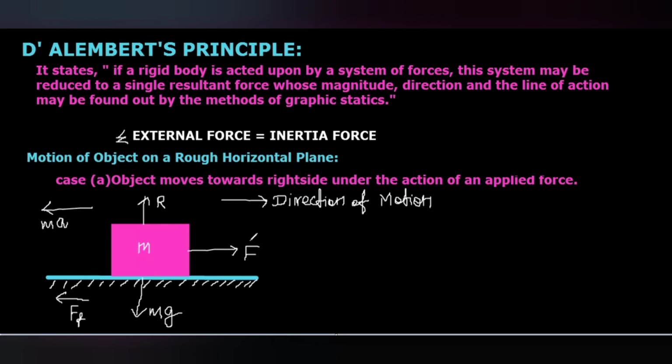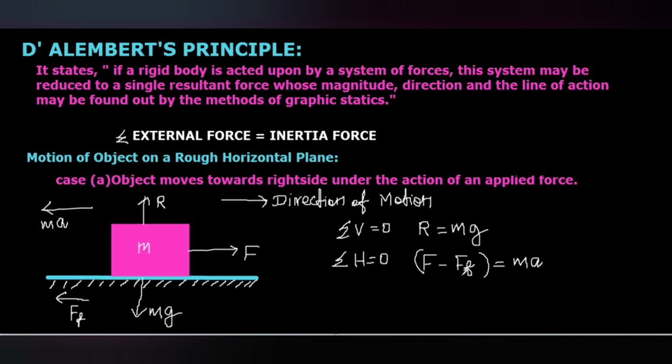So we can say, as per the equilibrium principle, summation of vertical forces equals 0. So we can write the normal reaction R equals mg. Then summation of horizontal forces: right side force F minus FF. This is the algebraic sum of the external forces, which equals the inertia force, mass into acceleration.